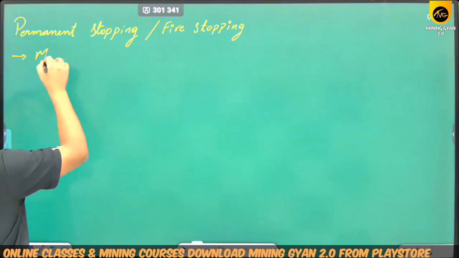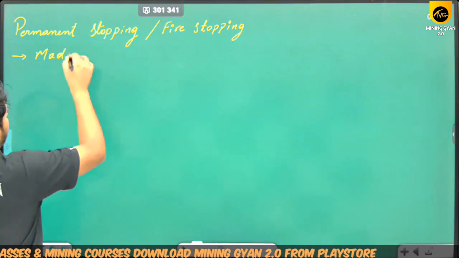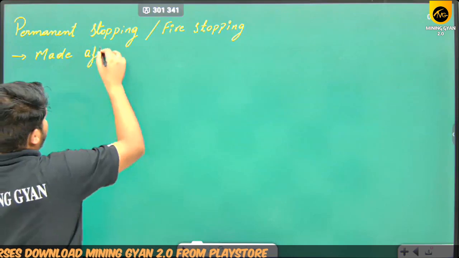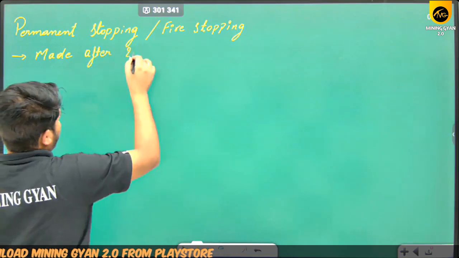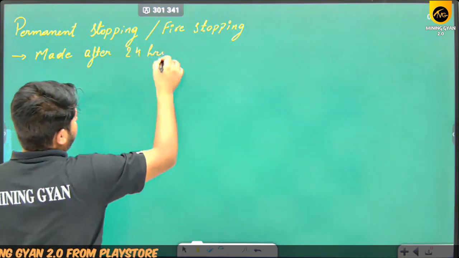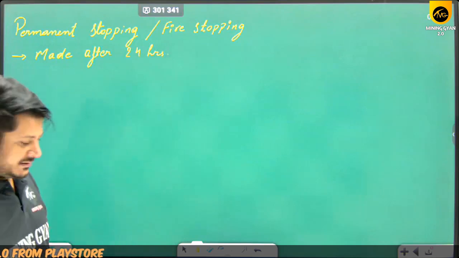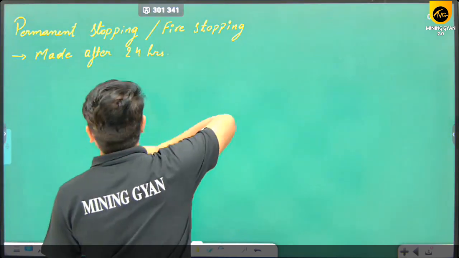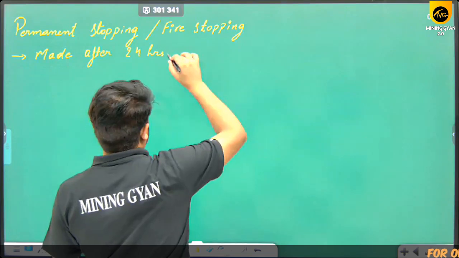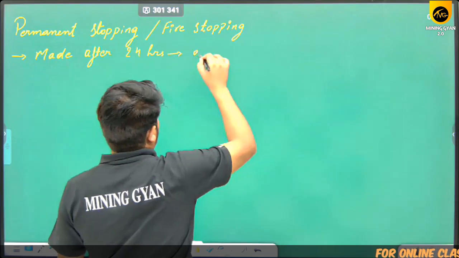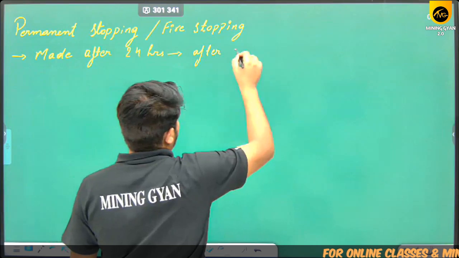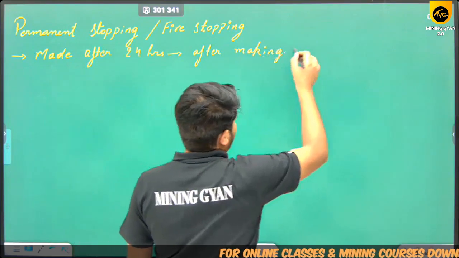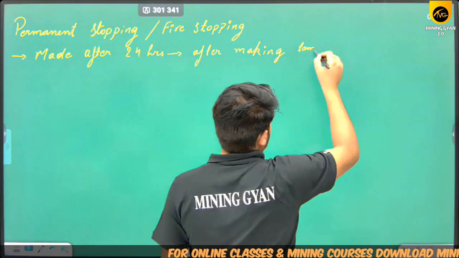Permanent stopping or fire stopping is made after 24 hours of making the temporary stopping.